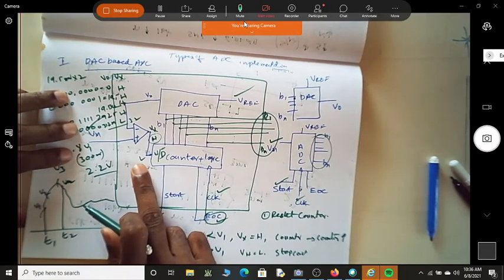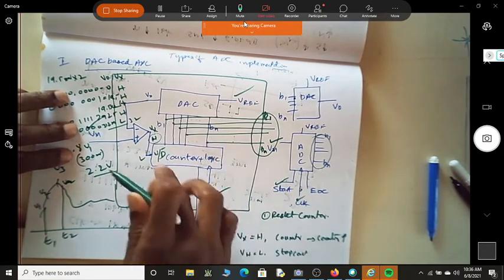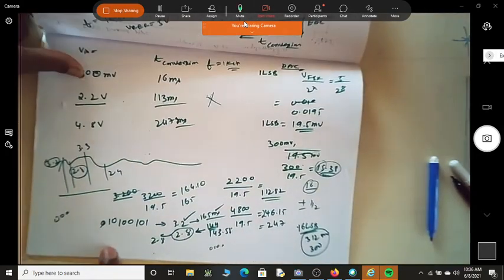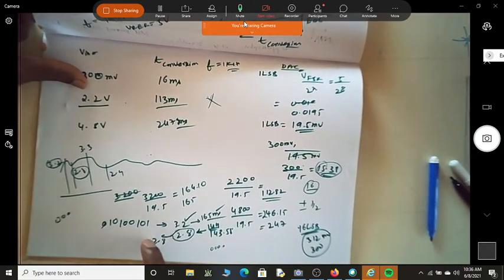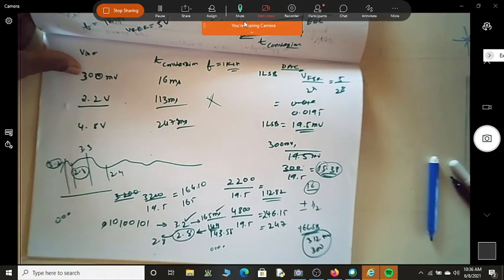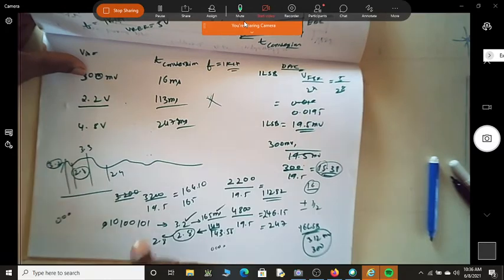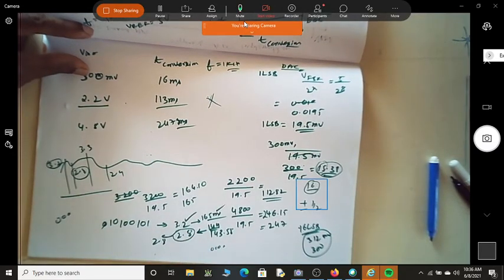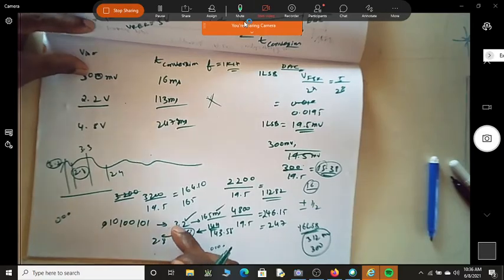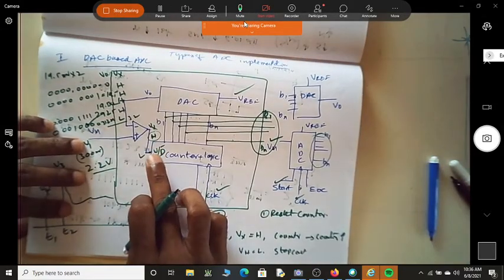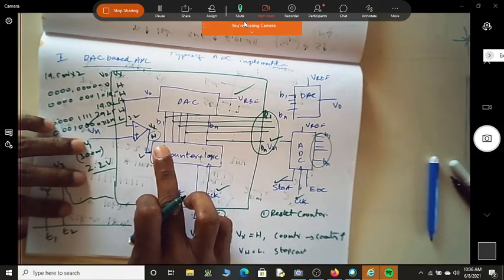Yes, sir. When the voltage is low, now this is a different logic. Instead of starting from 0, to save the conversion time, if the input voltage is varying around the same value, instead of resetting the counter for every conversion, they change the logic from reset to up count, down count.